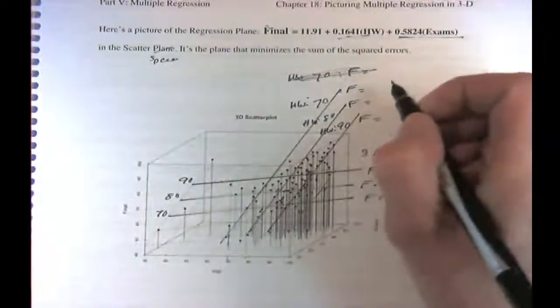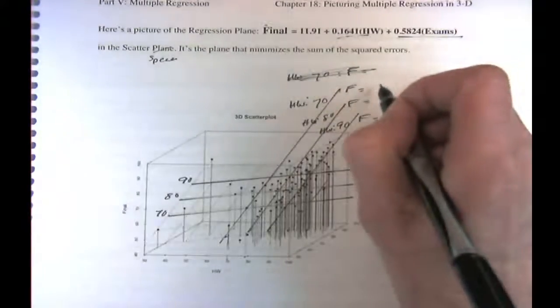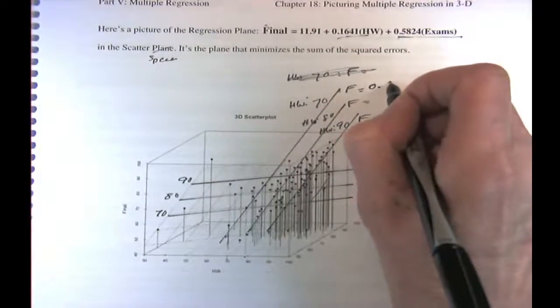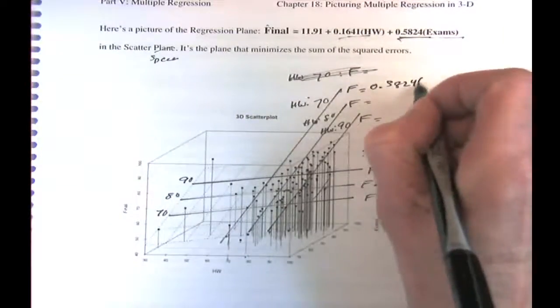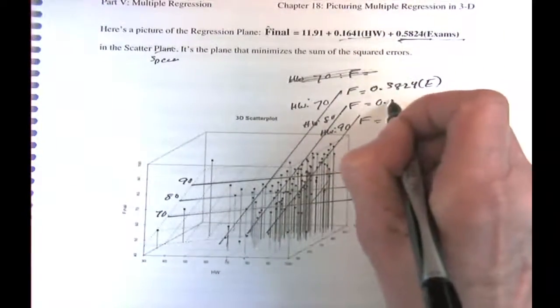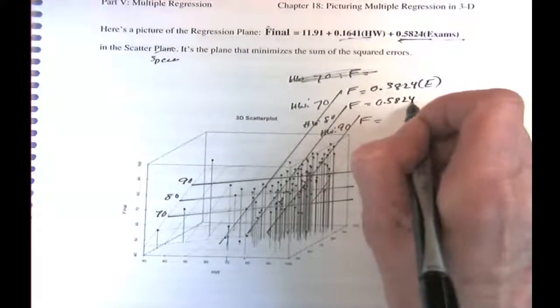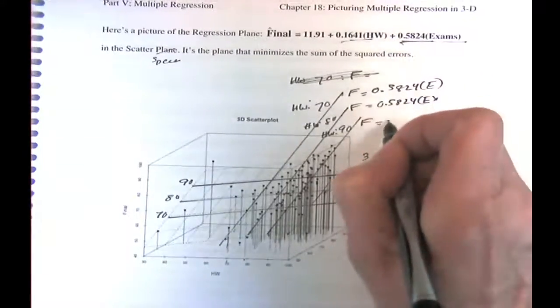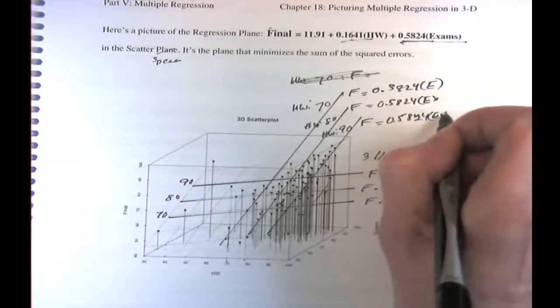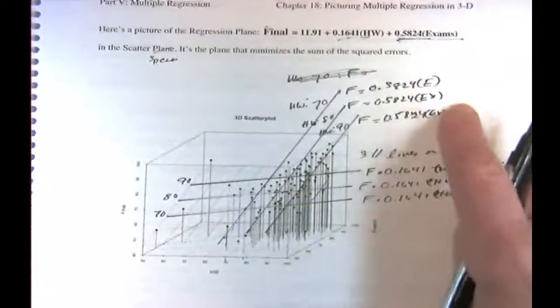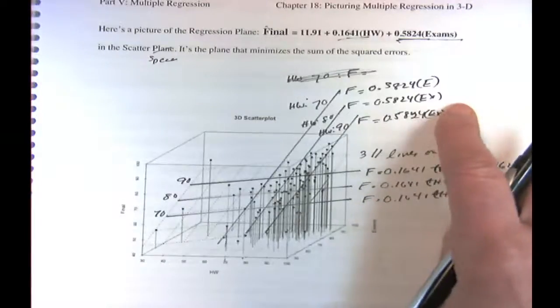Okay, so now what do we have? We have the same strong effect of exam, very strong slope. This slope. But why are they different? They're parallel. That's the effect of the exams.